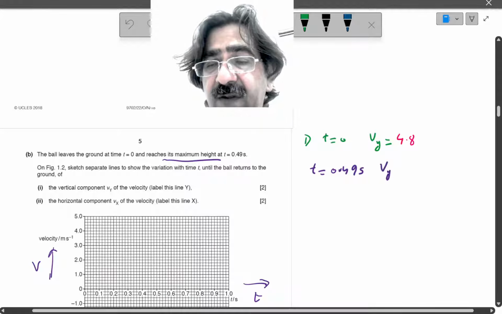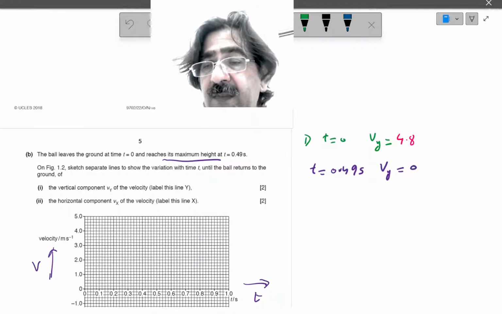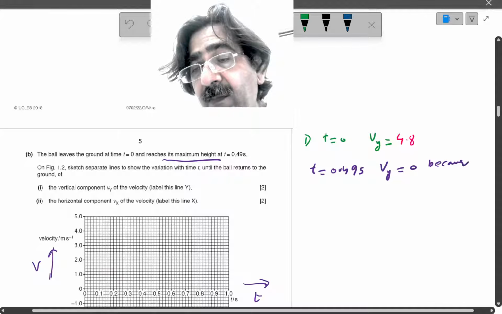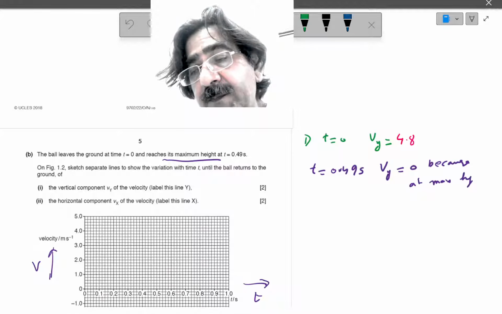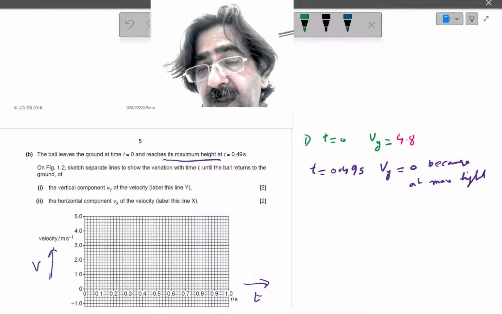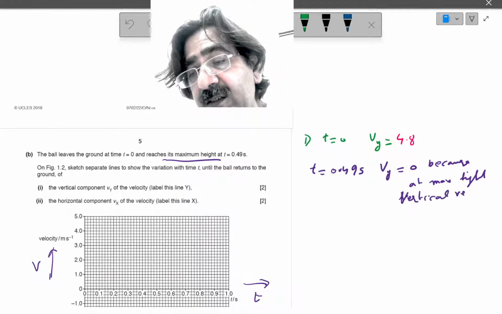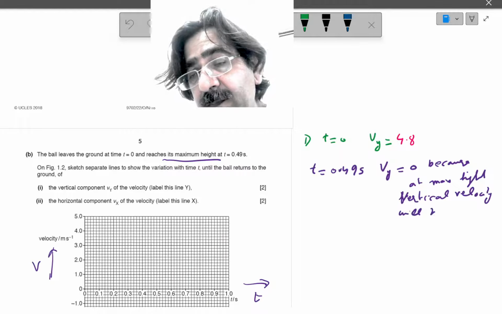So Vy will be 0 at this point, because at maximum height, the vertical velocity will be 0.